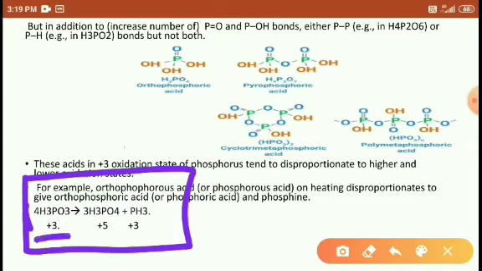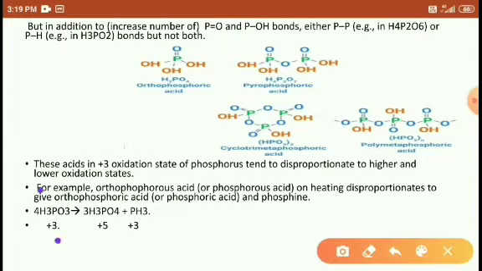Here we are using 4 moles of H3PO3, orthophosphorous acid, or we may say phosphonic acid, right? These have the +3 oxidation state. These molecules are linked with each other, with elimination of PH3 phosphine, and form phosphoric acid H3PO4.